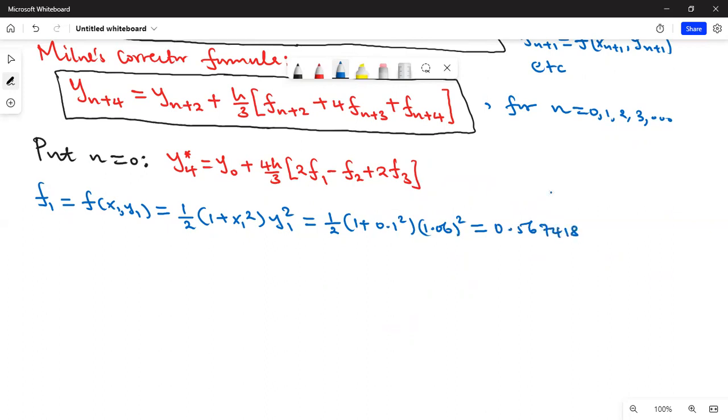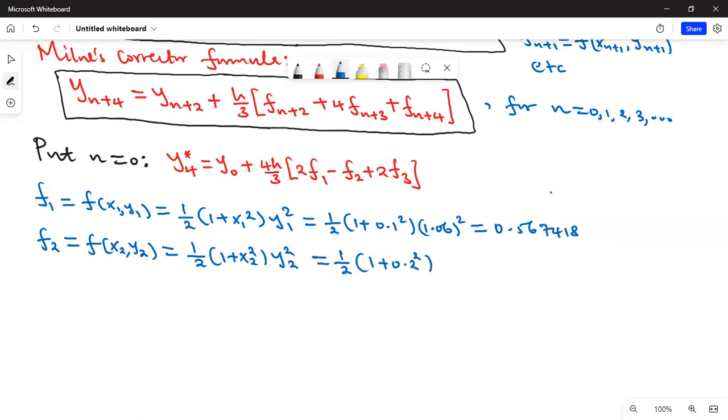Let's get f2. That is equals to f of x2, y2. And so this will be 1 over 2 into 1 plus x2 squared, y2 squared. That is 1 over 2, 1 plus, our x2 is 0.2.